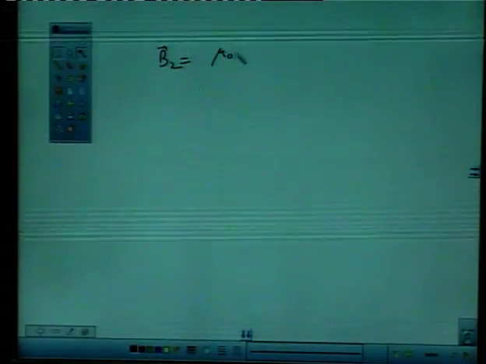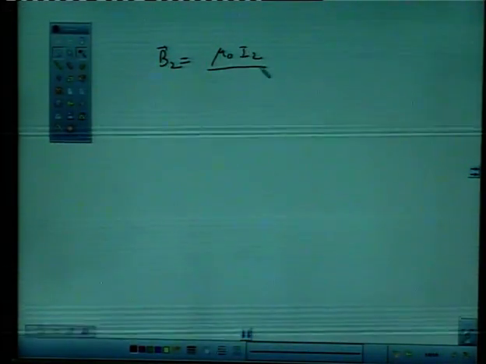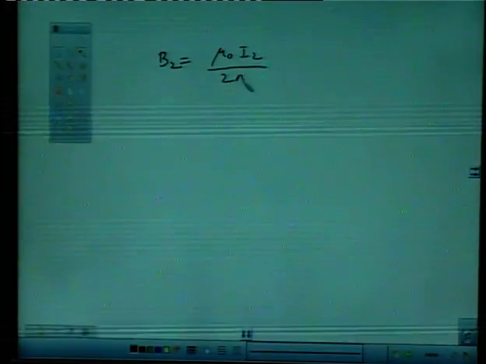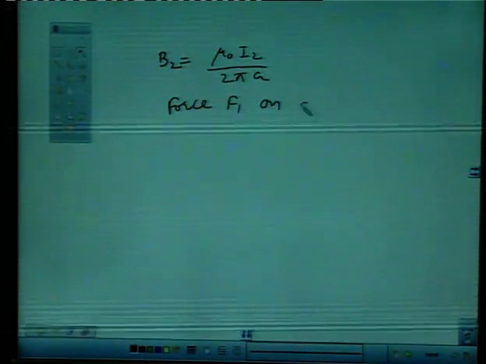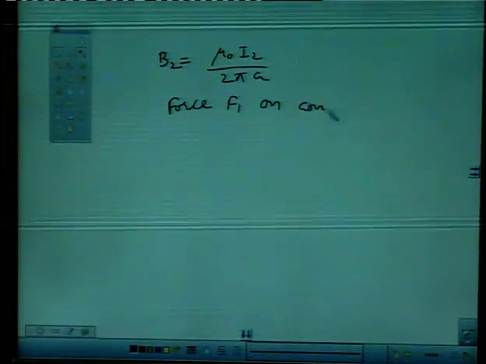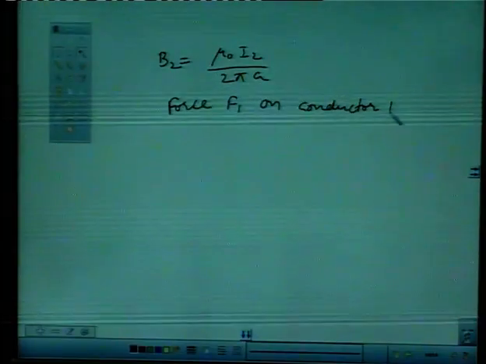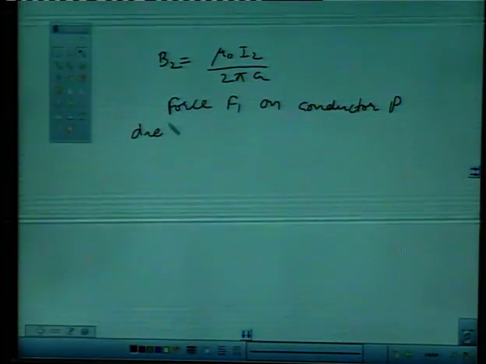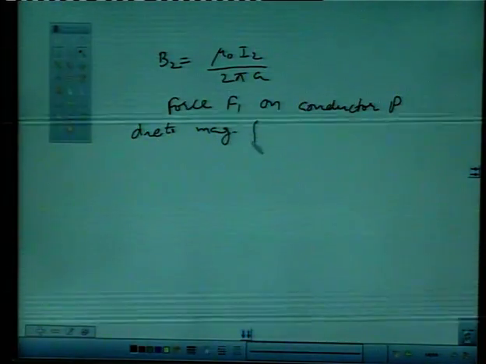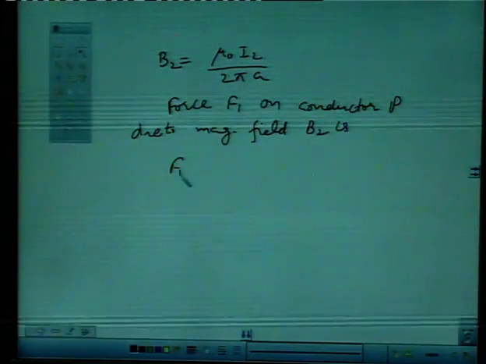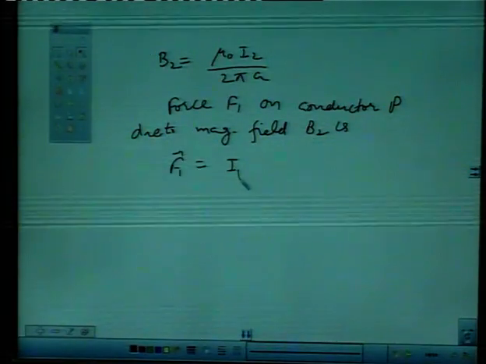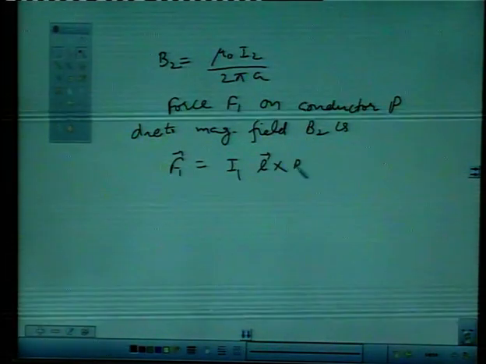The magnetic field B2 is equal to mu naught I2 upon 2 pi A. The force F1 on conductor P due to magnetic field B2 is F1 vector equal to I1 L vector cross B2 vector.